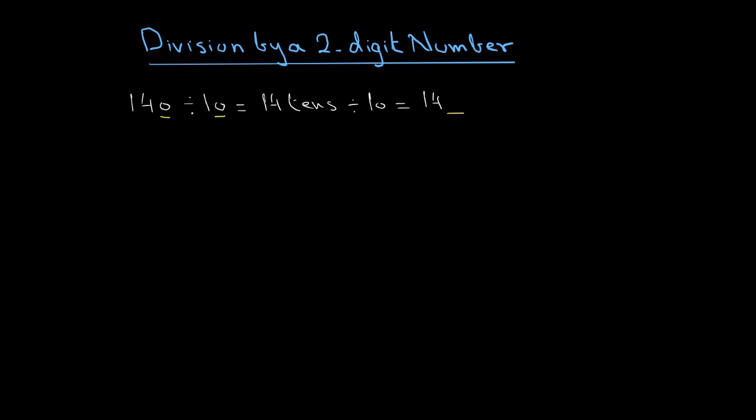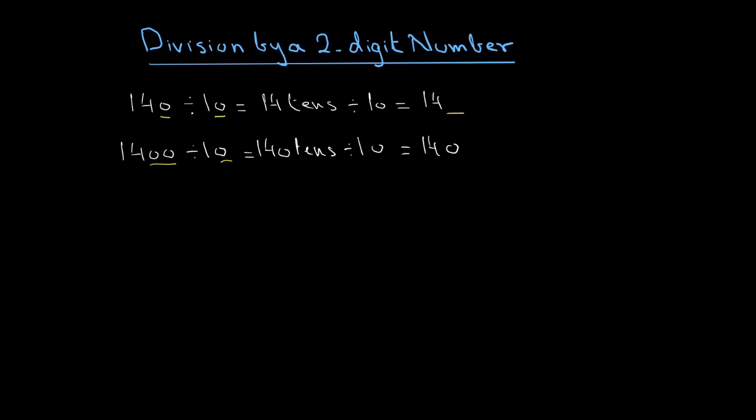So now if you add another zero, let's say I have 1400 divided by 10, note I have one zero here and two zeros here. Now you can see the answer will turn out to be 140, and the explanation is exactly the same. This is going to be 140 tens, and 140 tens divided by 10, the answer is going to be 140.